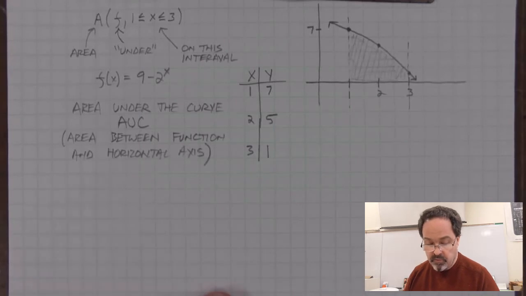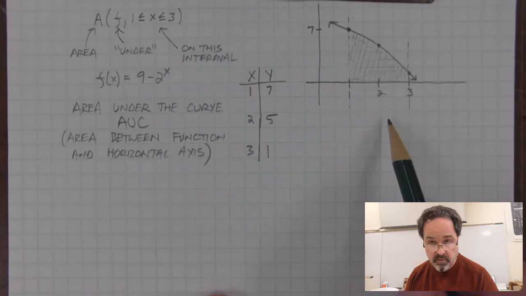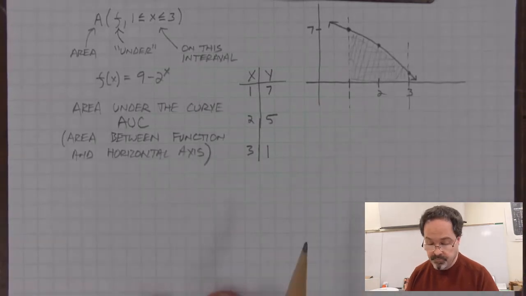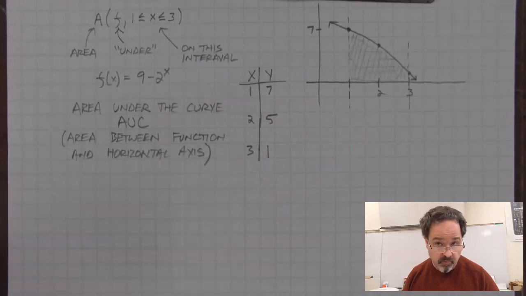So the best that we're going to do right now is estimate that area, the area of the shaded region. One way to estimate is to guess, but guessing is the least formal way of producing an estimate. So we're going to do a bit better than that. We're going to have a method or a process to organize our estimate.